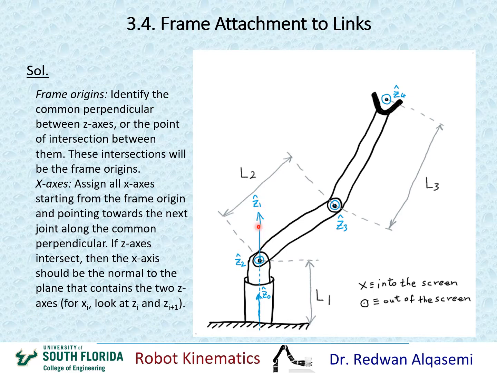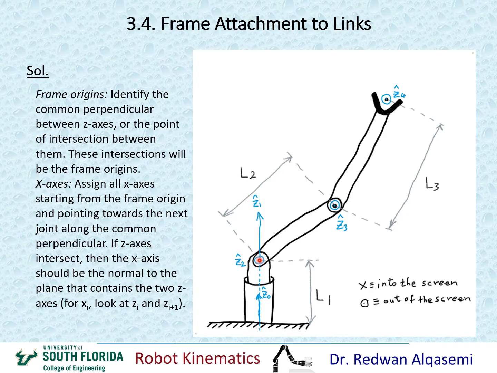Okay, since this is heading forward up here, and this one is coming out of the board, that means the plane that contains both of these vectors would be a plane that's perpendicular to the screen. Okay, so that means if I want my frame origin for frame 1, it has to be that point of intersection right here.